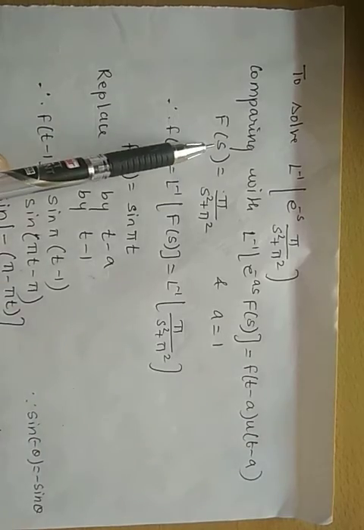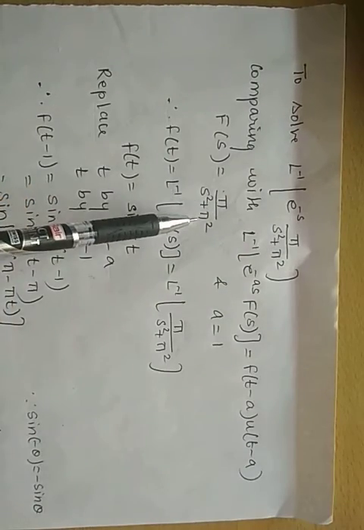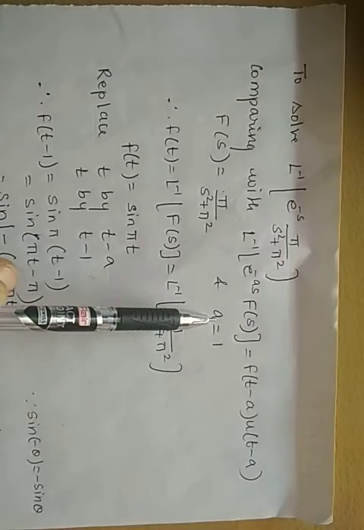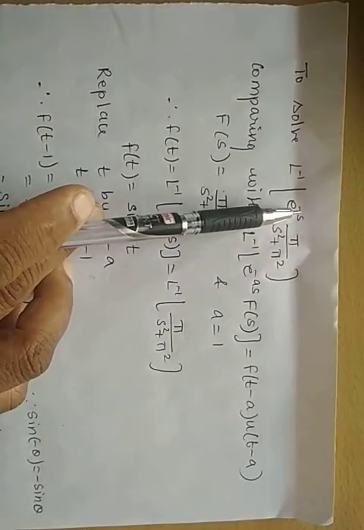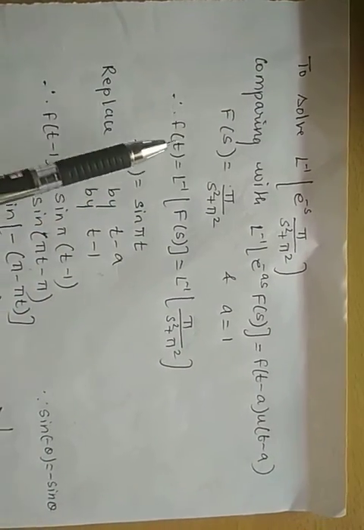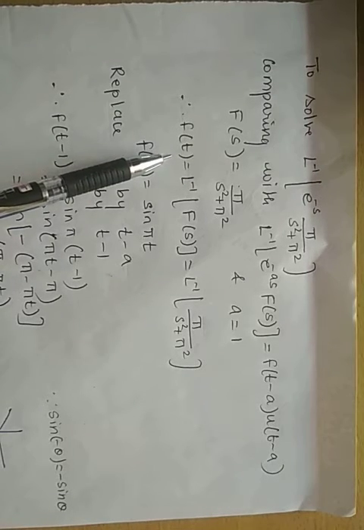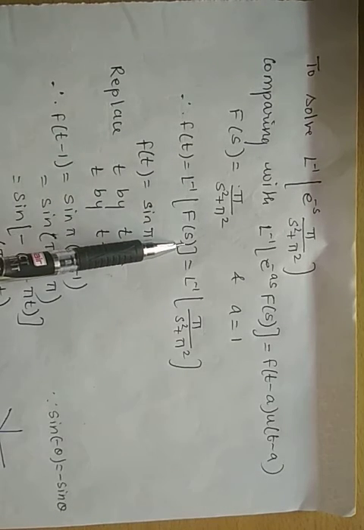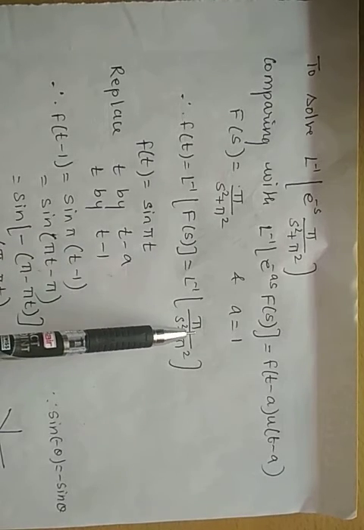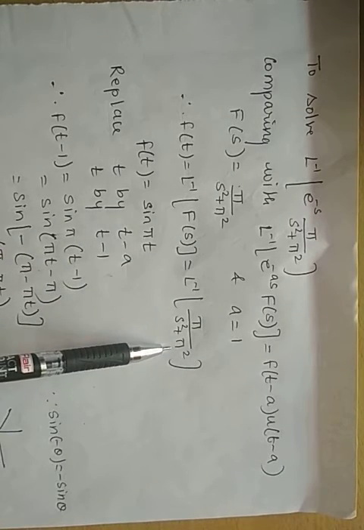Therefore f of s is pi upon s square plus pi square. And what is your a? a is 1, the coefficient of s. The very next step is to find f of t, so L inverse of pi upon s square plus pi square.